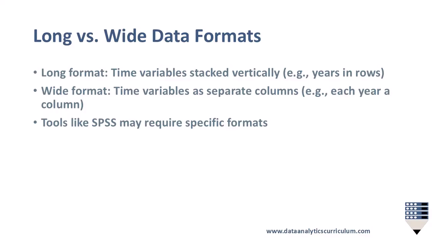For example, test scores from 2021, 2022, and 2023 could either be 3 rows in a long format or 3 columns in a wide format. Different tools require different layouts, so it's important to know how to reshape your data when needed. Programs like SPSS or certain R functions often need a specific structure to work properly.